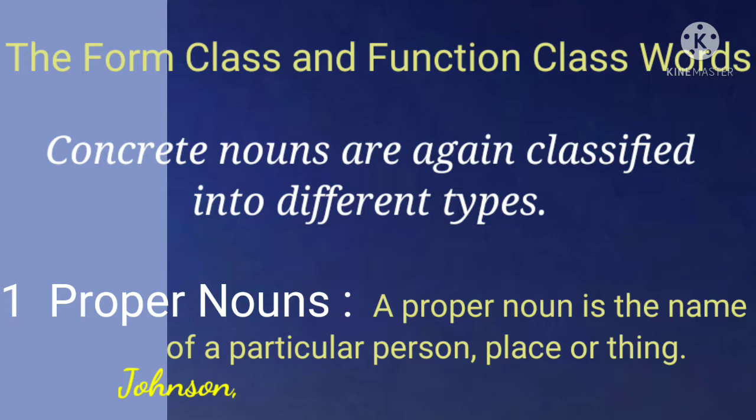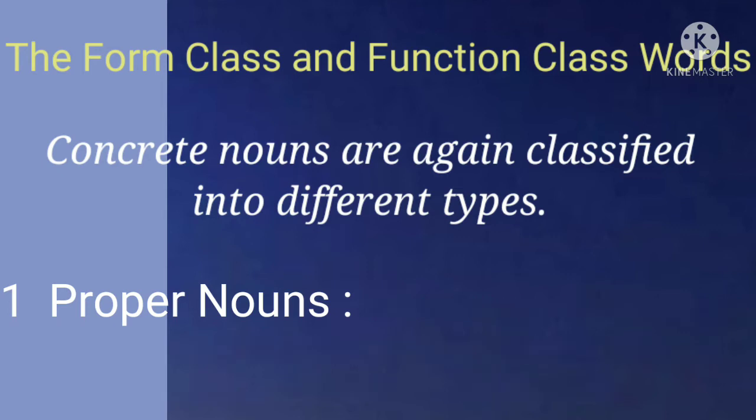Johnson is the name of a particular person, therefore a proper noun. Second one, Mumbai is a big city. Mumbai is the name of a particular place, therefore a proper noun. Himalayas, that is the name of a thing, therefore you can say it is a proper noun. All these proper nouns begin with a capital letter wherever it occurs in a sentence. I think it is clear.